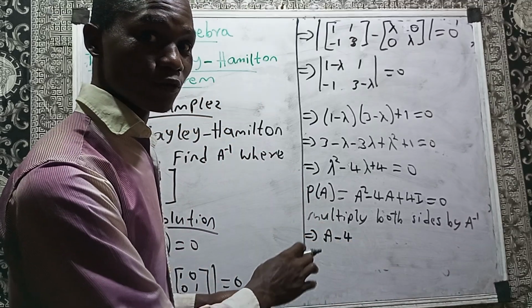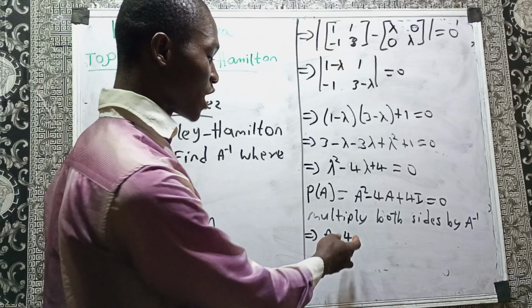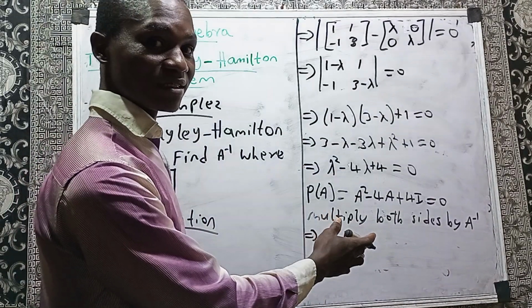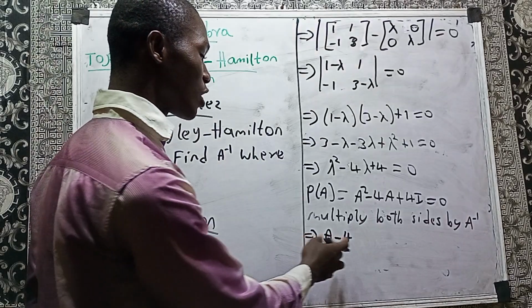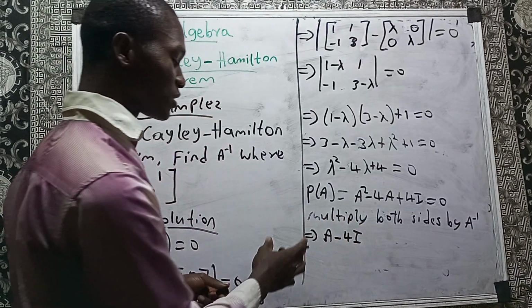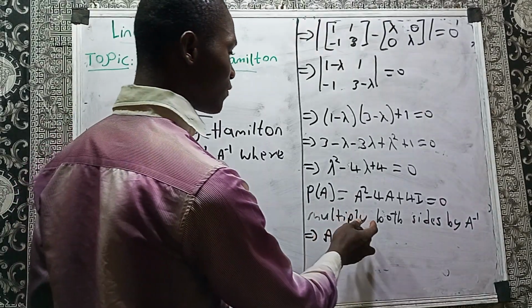You would have negative 4 alone, but we'll be adding it with matrix A, right? So you are not going to have negative 4, you are going to have negative 4i, because we can't be adding a constant and a matrix, or subtracting a constant and a matrix. So I have negative 4i.